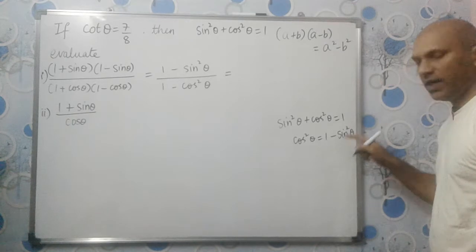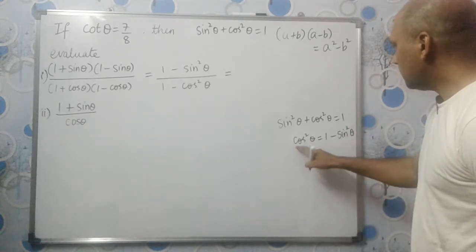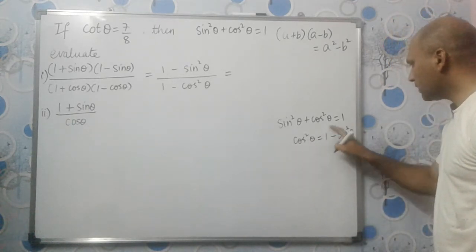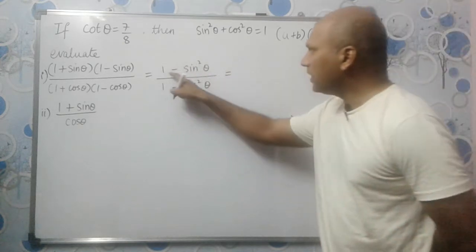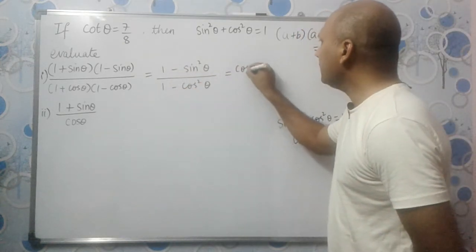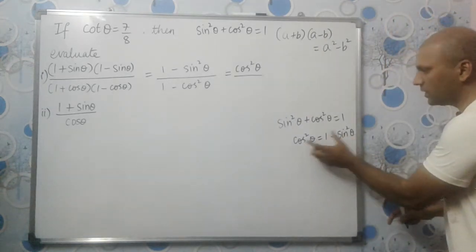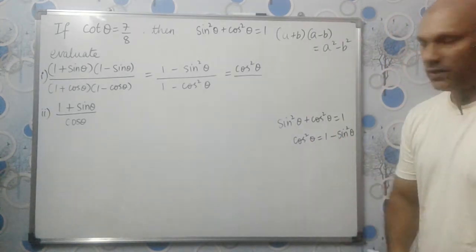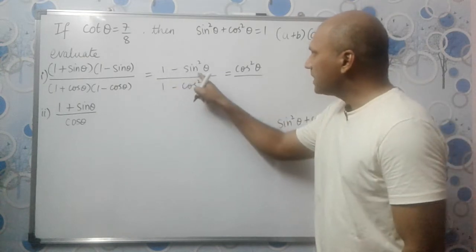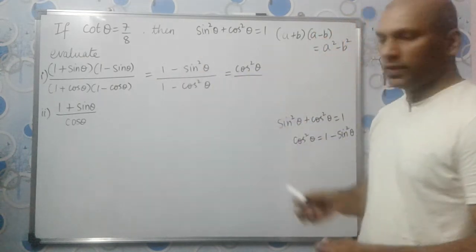So it will become 1 minus sin square theta. So 1 minus sin square theta is the same as cos square theta. In place of 1 minus sin square theta, in the numerator we wrote cos square theta.